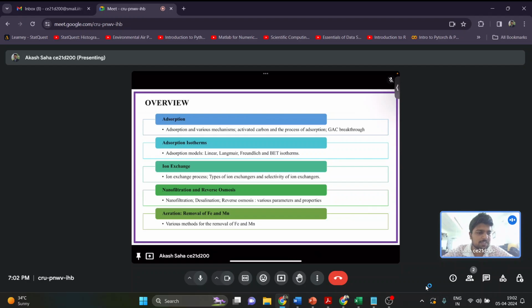Then the next topic was the ion exchange process, where we learned about the various types of ion exchangers, their selectivity, and so on. The next topic was nanofiltration and reverse osmosis processes, the various parameters and properties. And at last, we learned about the removal of ferrous and manganese ions from our system.